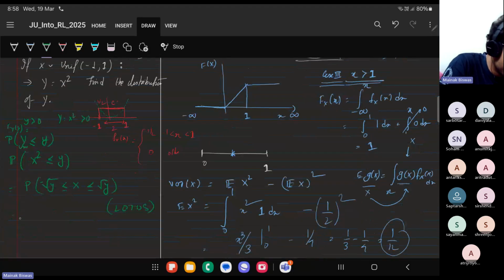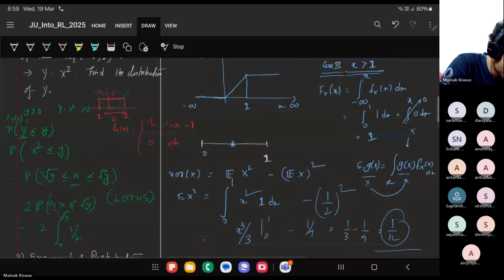Here x is between -1 and 1, so I can write 2 times the probability of x between 0 and root y, since the uniform is a symmetric function. So this is 2 times the integral from 0 to root y of half dx, because the density is half. This becomes root y.